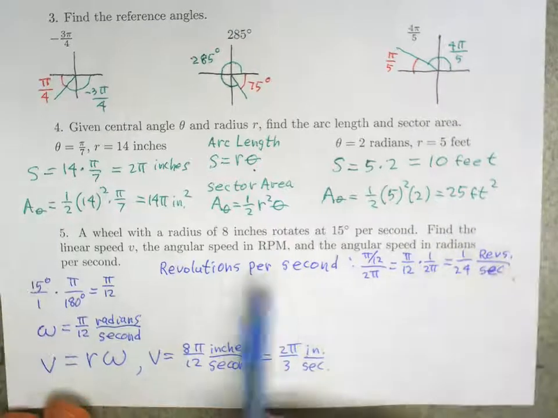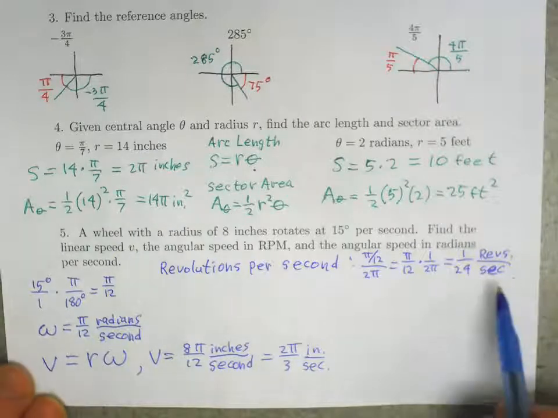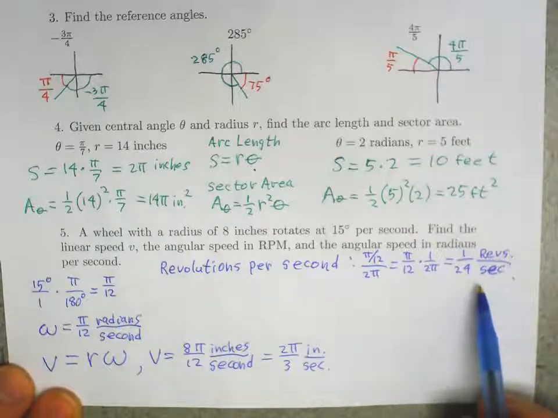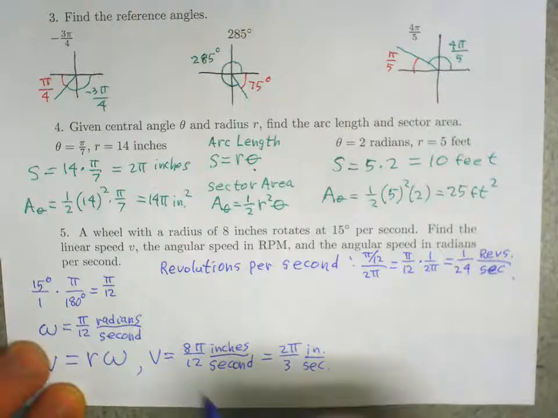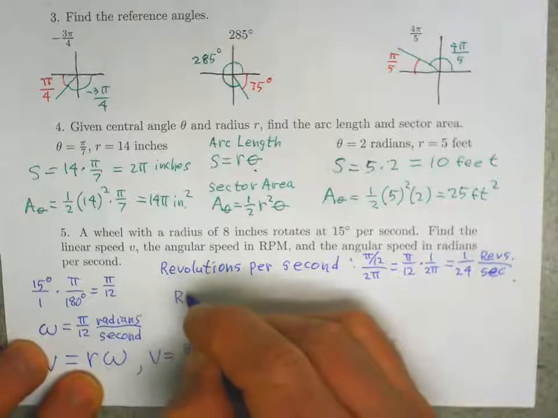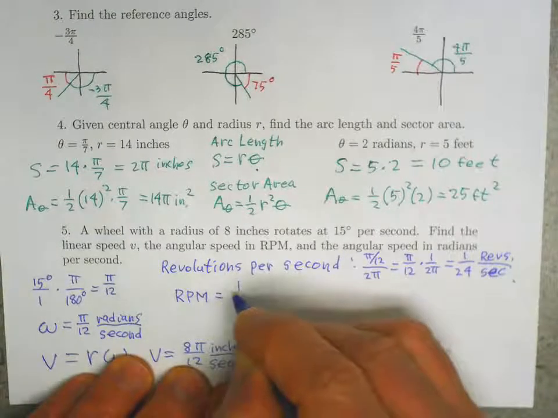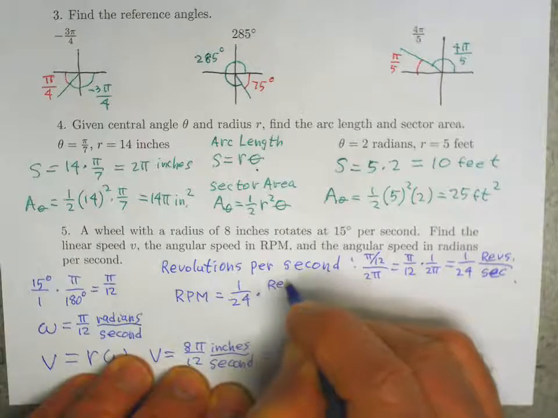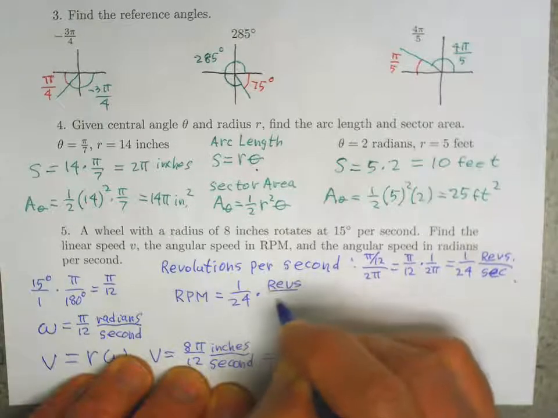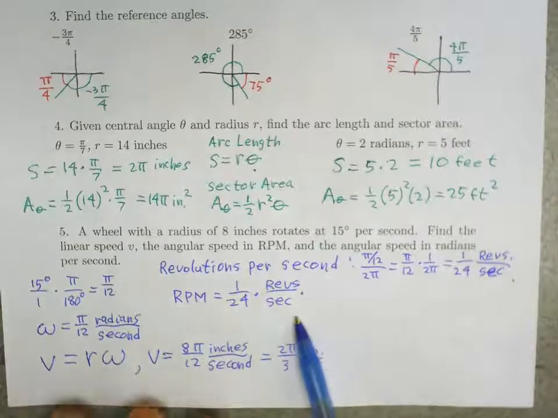Okay, well, an RPM is a revolution per minute. So we just need to convert 1 over 24 revolutions per second to revolutions per minute. We can do that. Revolutions per minute is equal to 1 over 24 times revolutions per second. We just need to convert to minutes.